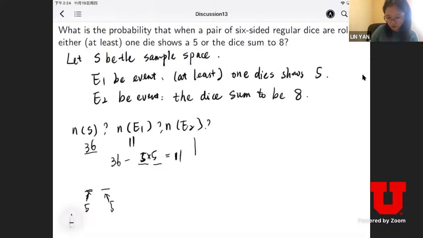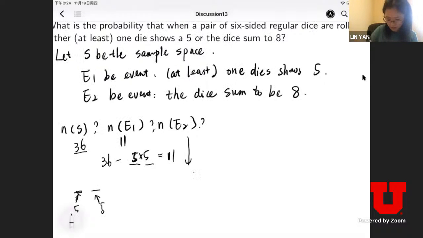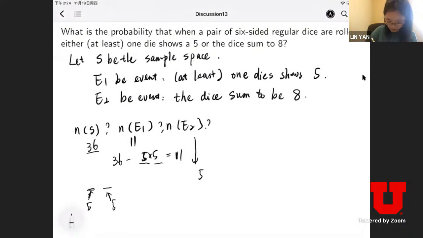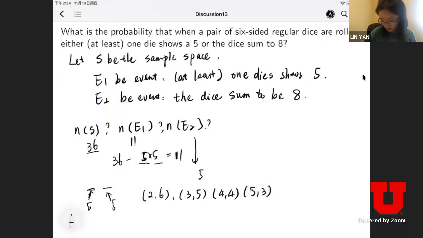Then what is N(E2)? Okay, thanks for Peter's answer. It's 5. It is also correct because if we want the 2 dice to sum to 8, it can be 2, 6, 3, 5, 4, 4, 5, 3, 6, 2.